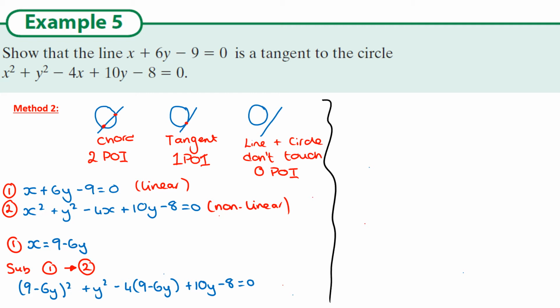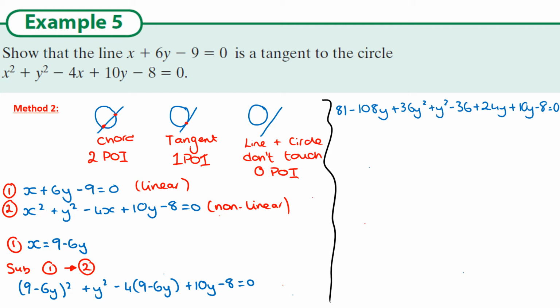So we're going to multiply it out. Shortcut for squaring: square the first, twice the first by the second, so that's 81 minus 108y plus 36y squared, plus y squared minus 36 plus 24y plus 10y minus 8, and that all equals 0.